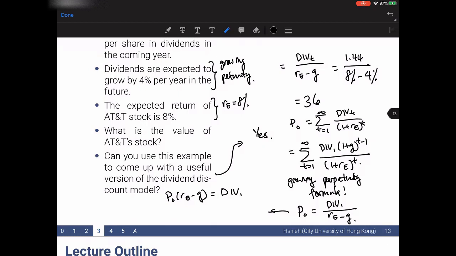And let's divide both sides by price and subtract G. We will get div1 over P naught plus G, right?